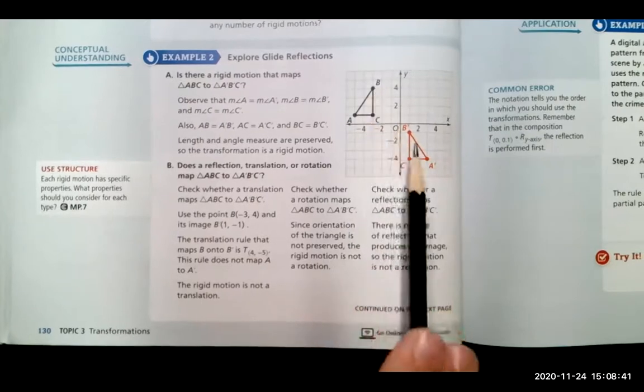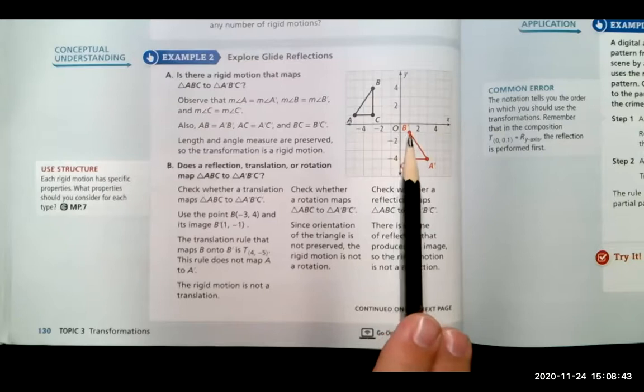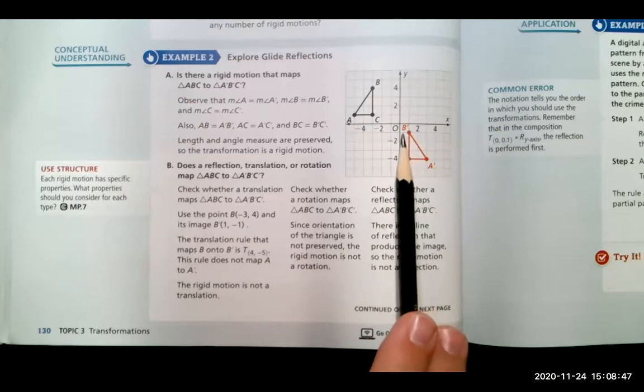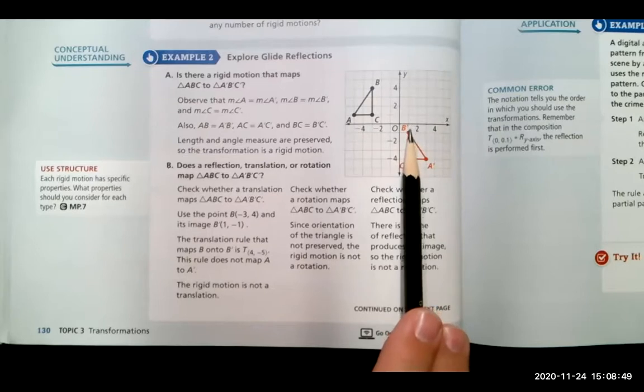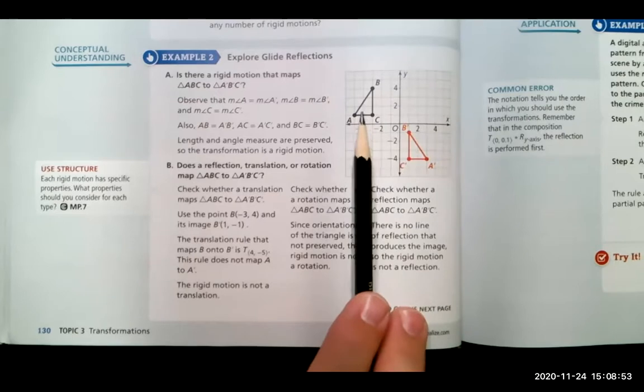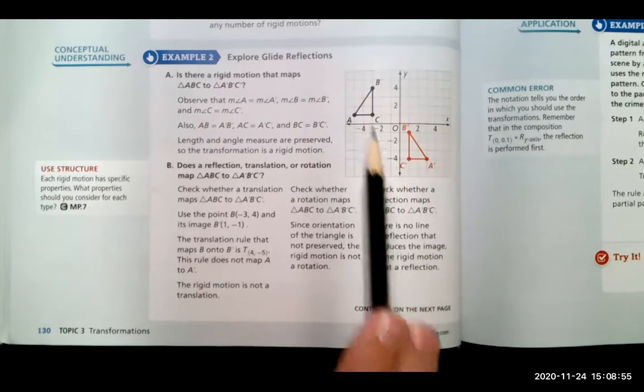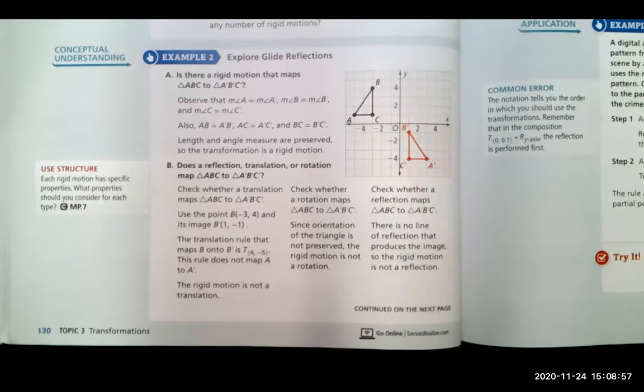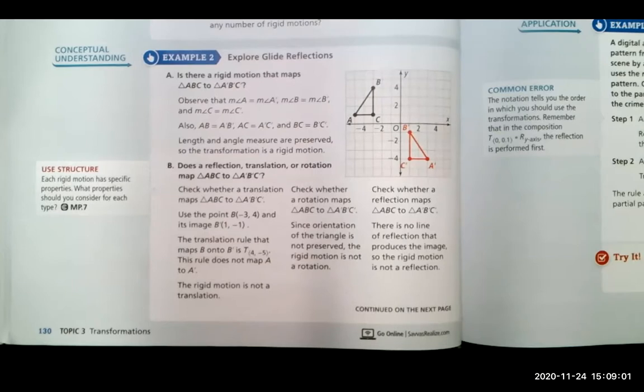This is B, this is B prime. When they give you that little apostrophe, B prime, that tells you this is the image. I start off with the pre-image, do some transformations, and end up with the image.